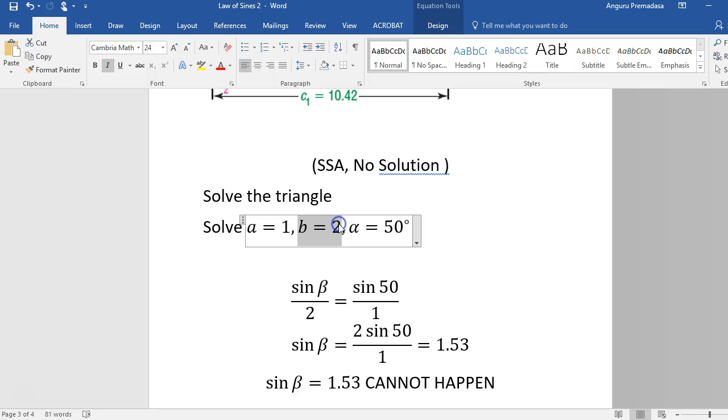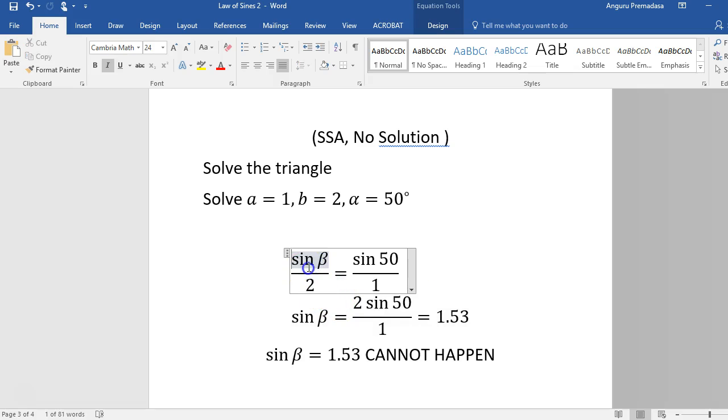We get sine beta over B, and B is equal to 2. So sine beta over 2 is equal to sine alpha over A. That's a known ratio because we know both the angle and the side. So sine beta over 2 is equal to sine 50 over 1.